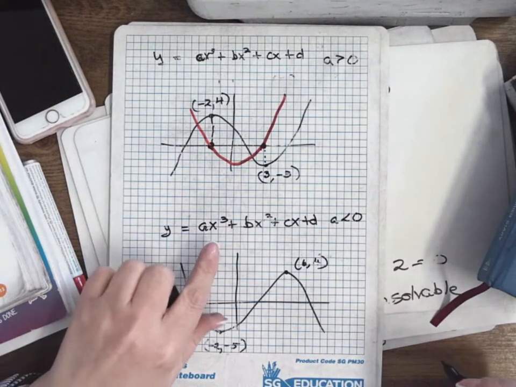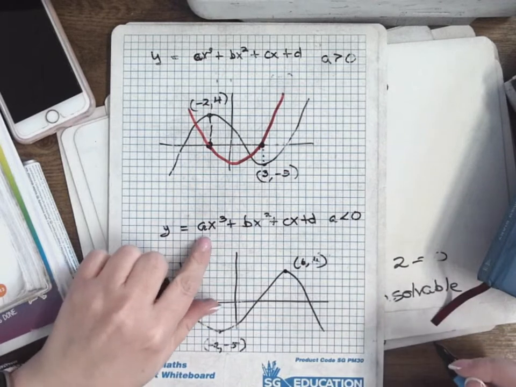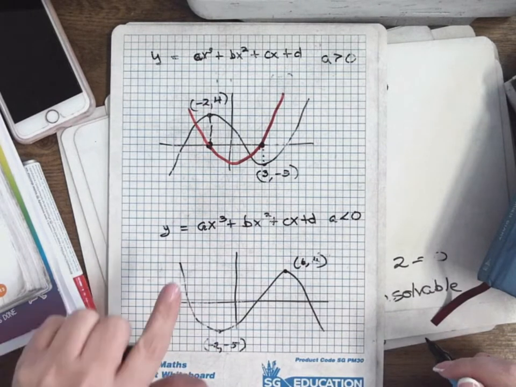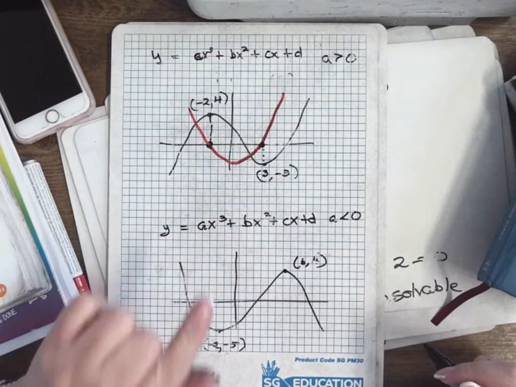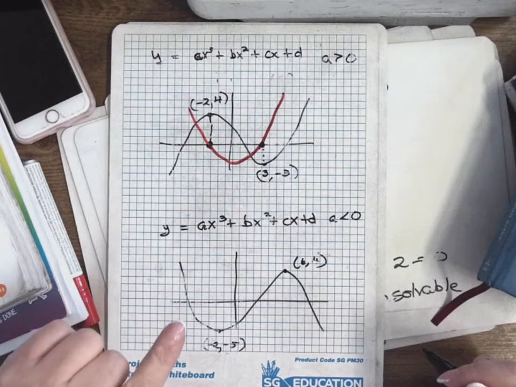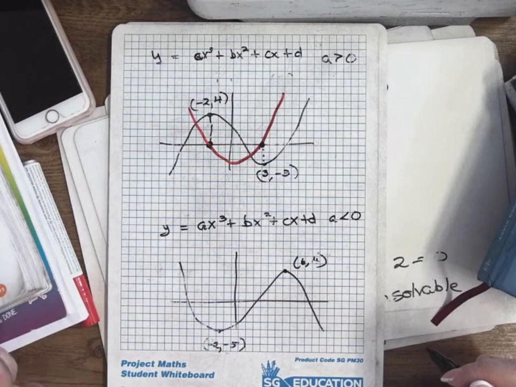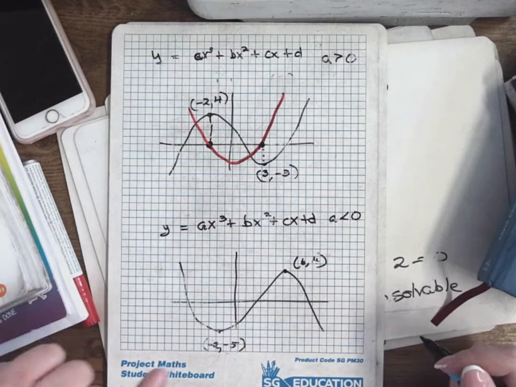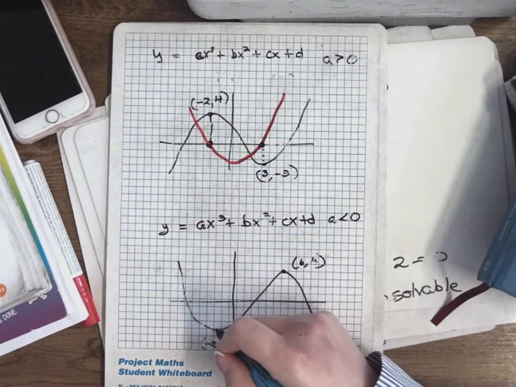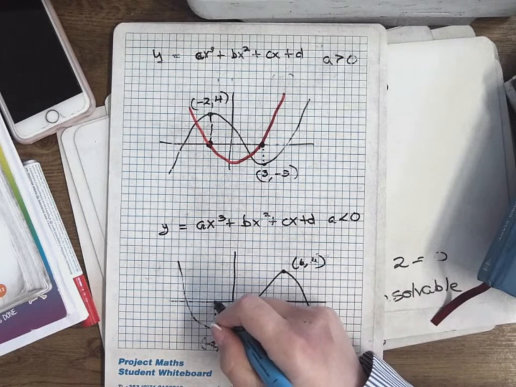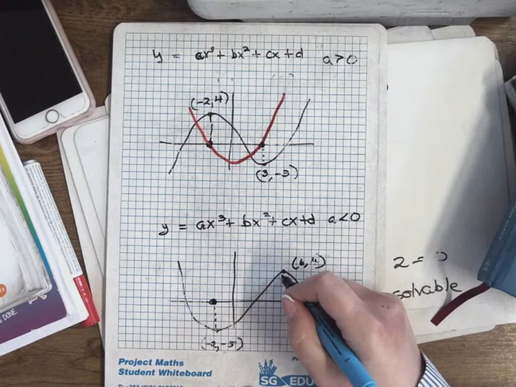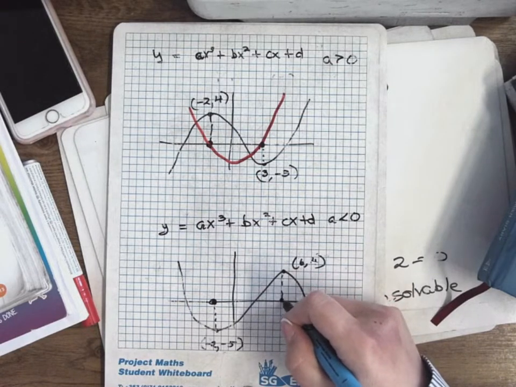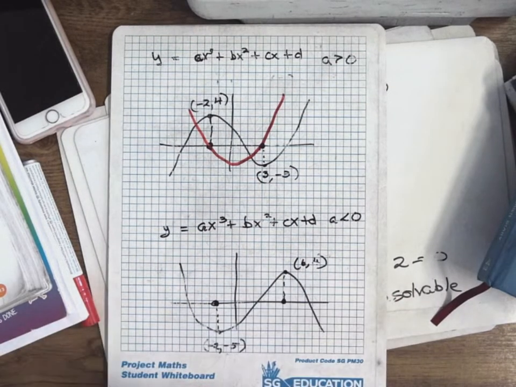If a was negative, what's this one going to be? If that a is negative, is it going to be a happy face or a sad face? Sad face, negative, because when you differentiate it, it'll still be negative. So it'll cross the x-axis at the turning points, and it's going to be a sad face.